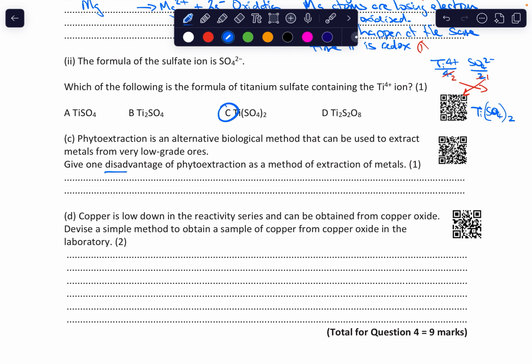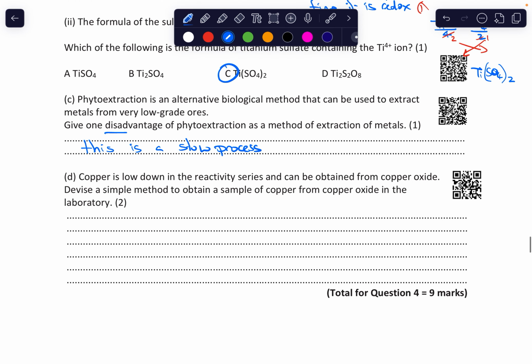So because we're using plants and plants take a while to grow, this is a slow process, and that's why it's a disadvantage. You could also have talked about the fact that you need large amounts of land because you've got to grow crops over a big area in order to do this as well. But for me, the key one there is knowing it's slow.